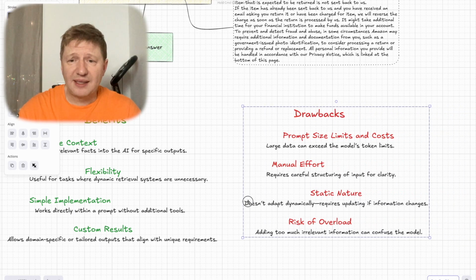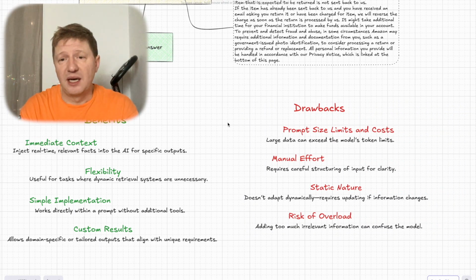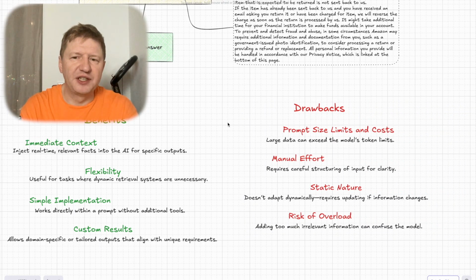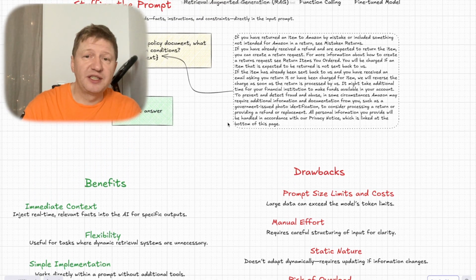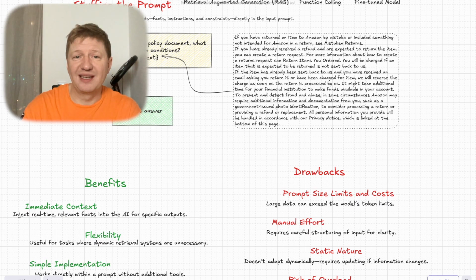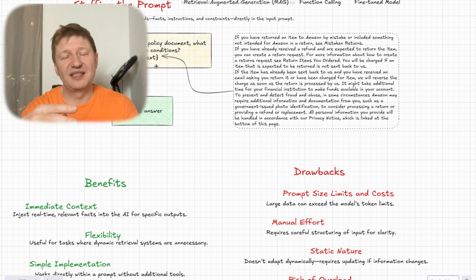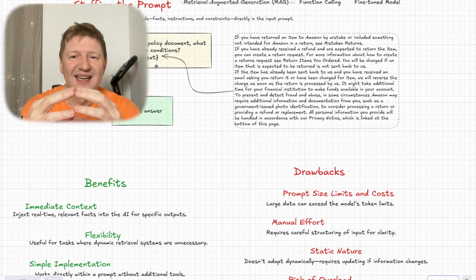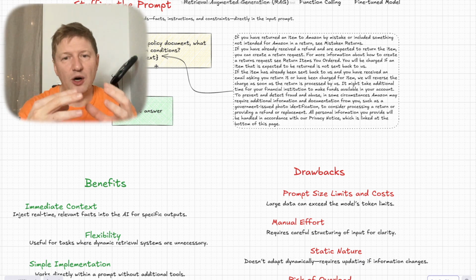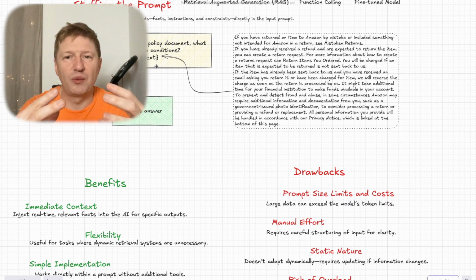Talking about drawbacks or minuses, probably the main big drawback here is prompt size limits and costs, because since you are injecting your additional information into the request, you have the limitation of prompt size. And it's not only the amount you are sending to the LLM, because remember the window size, the context size, it also includes the output from the LLM, so you have something on top, and you should pass all this very long text.